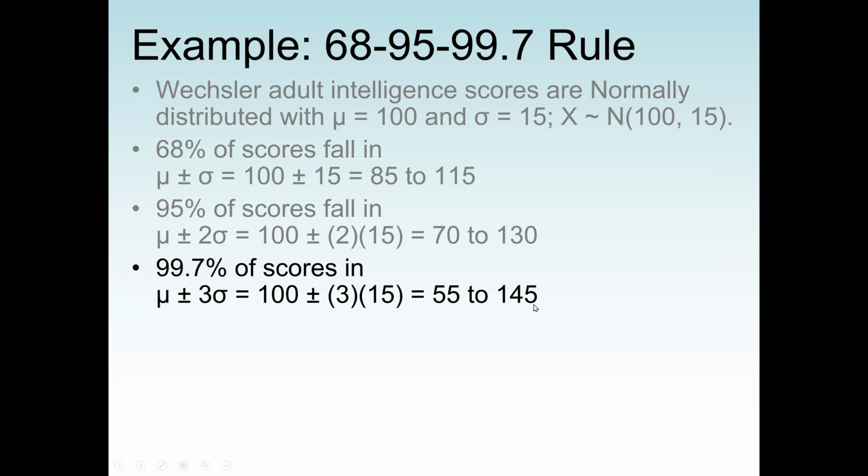That gives us 67.2 to 72.8. Now, with 2 standard deviations, we get the 95% distribution, which will be 70 plus or minus 2 times 2.8. And then 99.7% will be 3 standard deviations, so it will be 70 plus or minus 3 times 2.8.